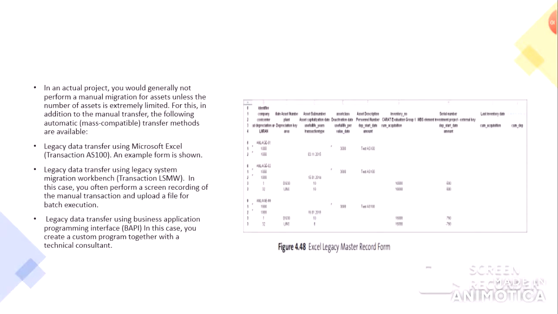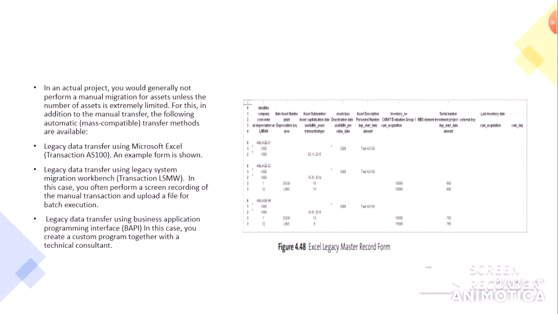In an actual project, you would generally not perform a manual migration for assets unless the number of assets is extremely limited. For this, in addition to the manual transfer, the following automatic transfer methods are available. Legacy data transfer using Microsoft Excel, AS100. Legacy data transfer using LSMW.